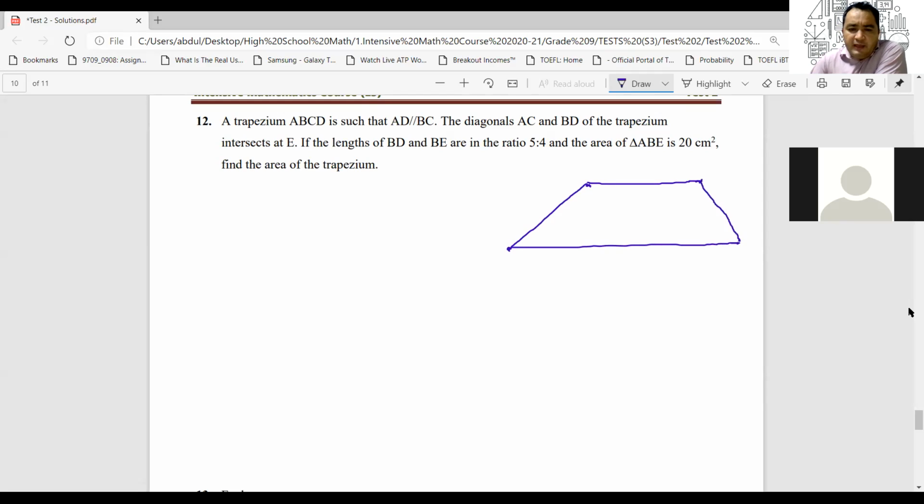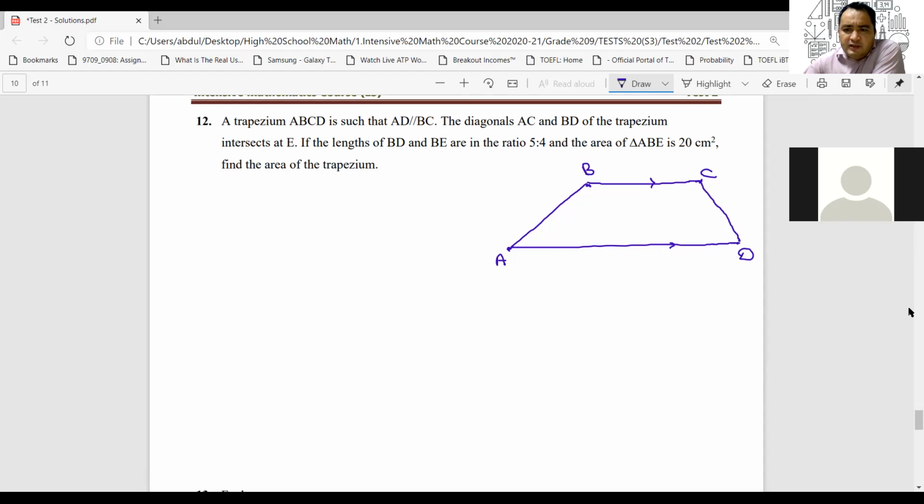All right. So AD is parallel to BC. So that means that if I start from here, that is, let's say A, B, C, D, right? So AD is parallel to BC. And if the lengths of BD to BE are in the ratio... what is E?